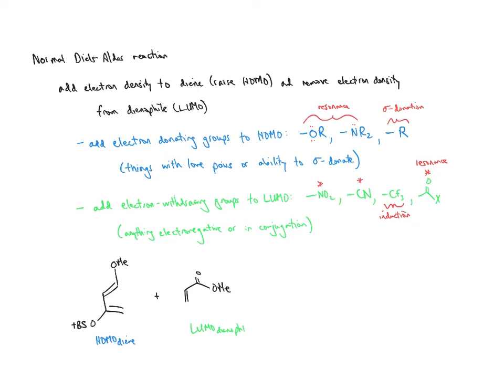If we draw the resultant product here, we're going to get a series of arrows like this, and we can draw that transition state that we drew before between the HOMO of the diene and the LUMO of the dienophile, and the product that we get out of this is going to be this one.